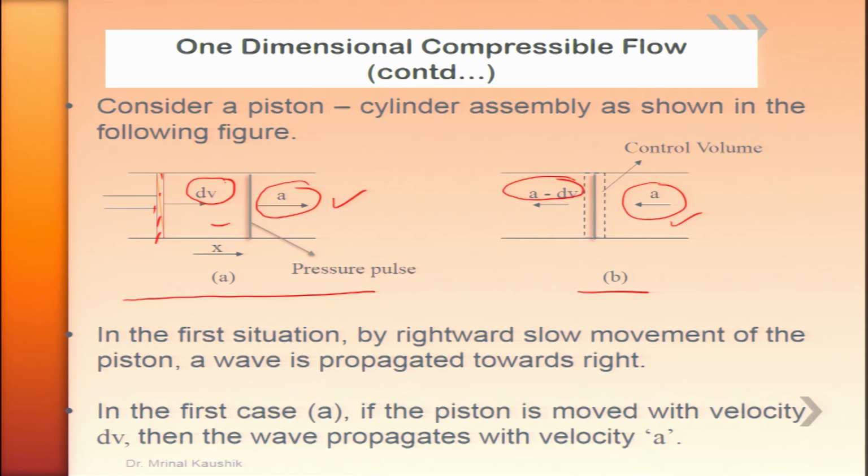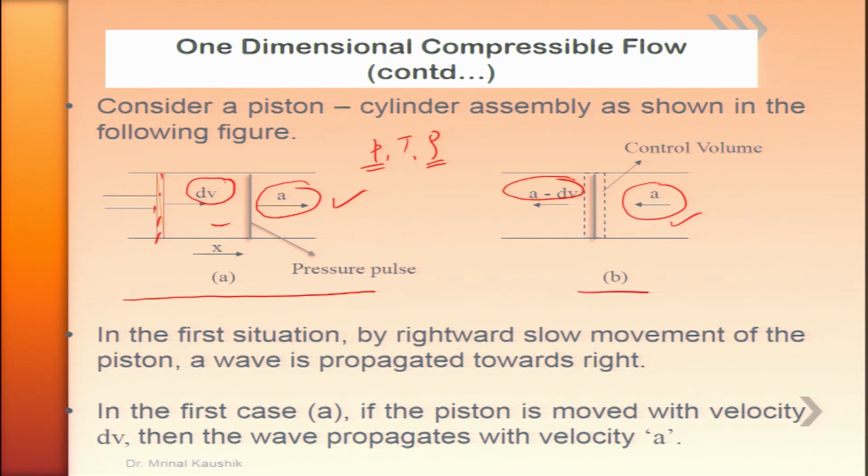However, the thermodynamic property: if the original fluid had pressure, temperature and density, here let us say we are interested in pressure and density, and temperature is almost not varying.